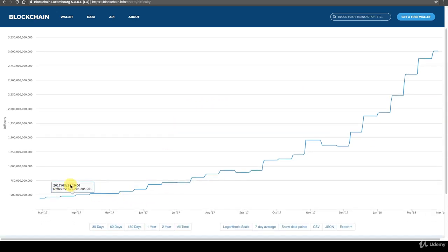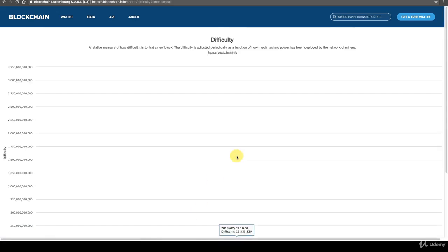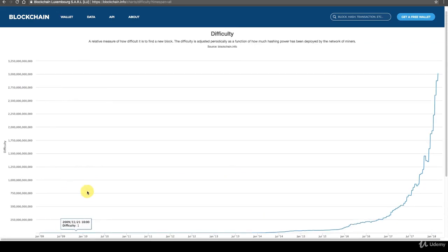What I like about this chart is that right now it shows a year, and you can go to all time and you'll see how it changed. There, voila. So at the start, guess what the difficulty was? 1. Difficulty was 1 at the start because nobody was mining Bitcoin and there was no need to change the difficulty for a long time. Nobody really cared. And then people started mining it more and more.